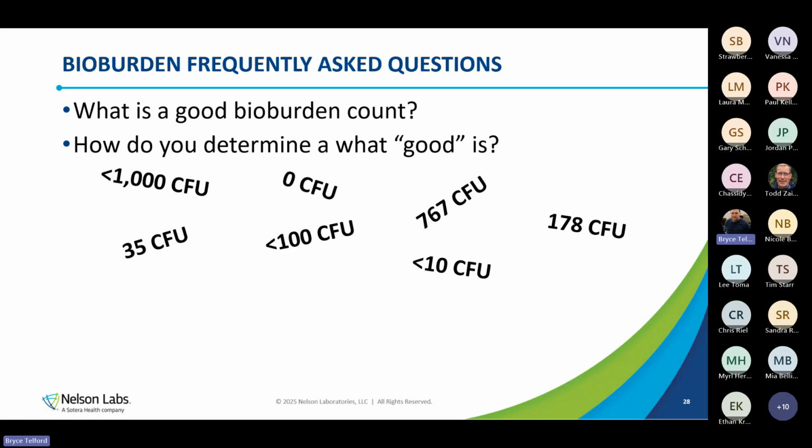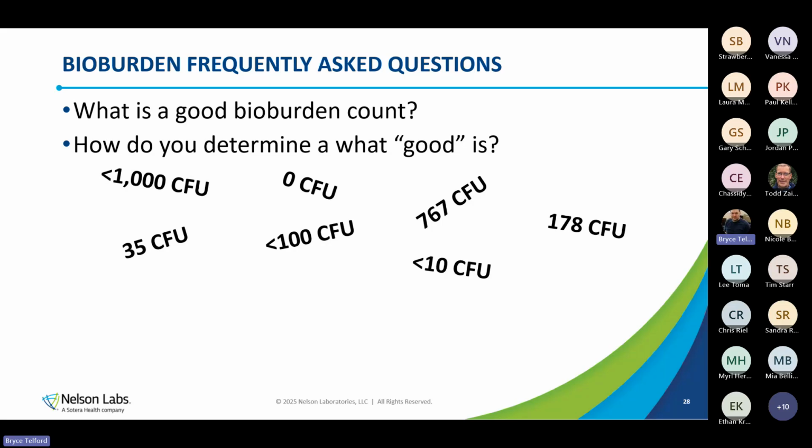So one of the other things to bring up when we talk about what is a good bioburden count, I have been a study director before, and I have had a sponsor that called me up on a Friday afternoon. It's always Friday afternoon. I don't know why, but that's just the way life works. They were absolutely livid that Nelson Laboratories, and in particular myself, did not call them ahead of time and warn them about their high bioburden.